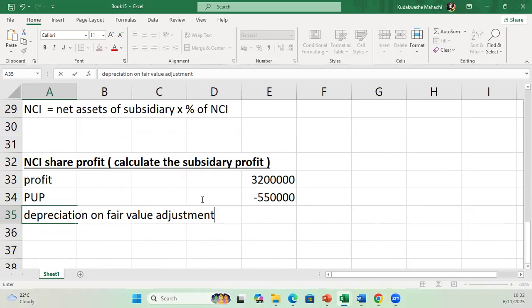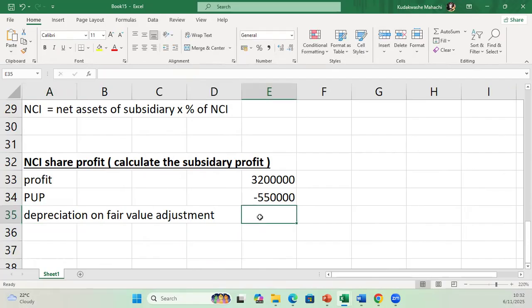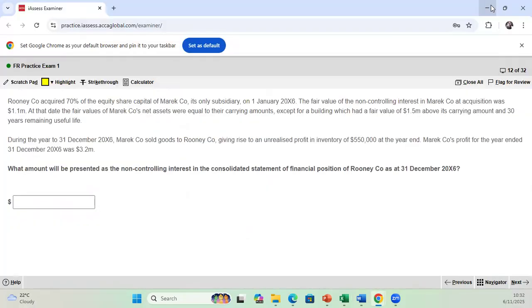So it's a fair value adjustment. So per fair value adjustment, let's go and read the question. At that date, the fair value of Mark's net assets were equal to their carrying amount, except for a building which had a fair value of 1.5 million above the carrying amount.